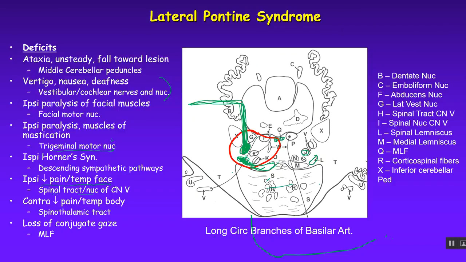That MLF is still sitting here. The MLF is typically really close to the cerebral aqueduct or the fourth ventricle, and it's sitting very medial, and it's connecting, because here's our abducens nucleus. It's connecting those abducens, trochlear, and oculomotor nuclei, running up right in the center there. So that's going to cause that loss of conjugate gaze, that difficulty moving the eyes together.